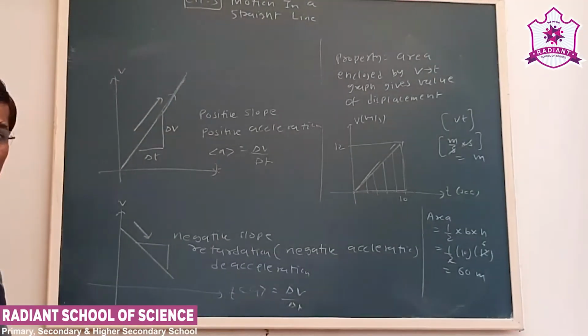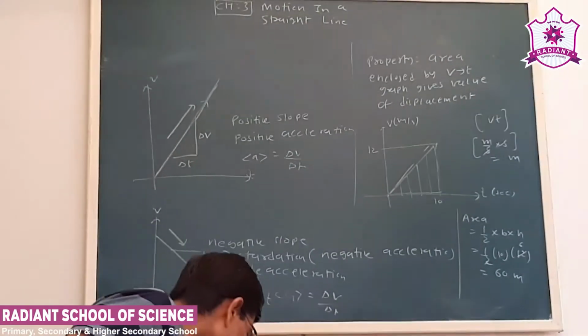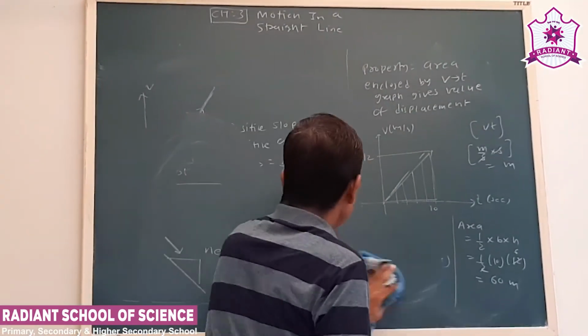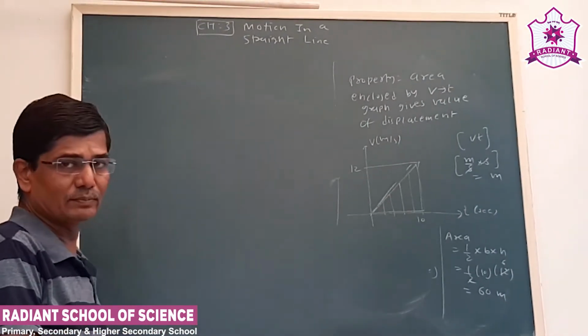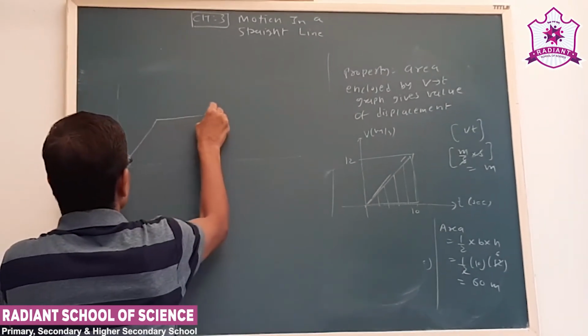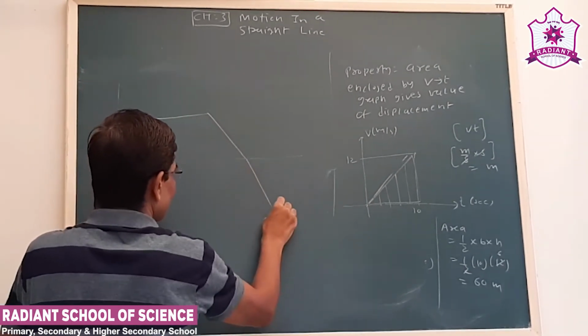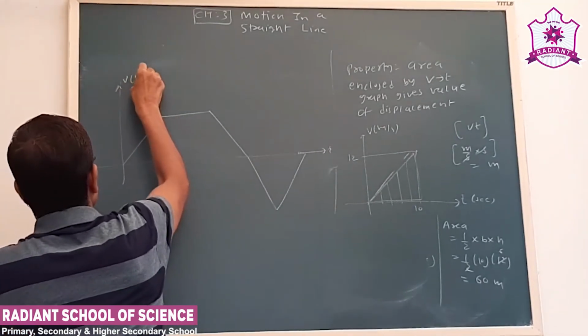But one thing we have to remember well: the area is treated like a vector quantity. If we get a positive area, then displacement will be positive. Let us say, for a simple example, the v versus t graph is like this.